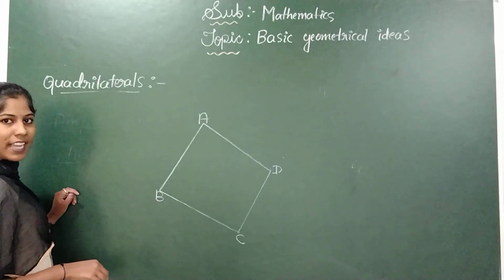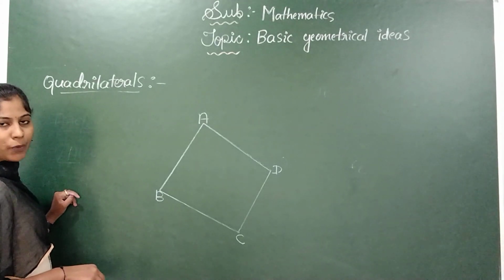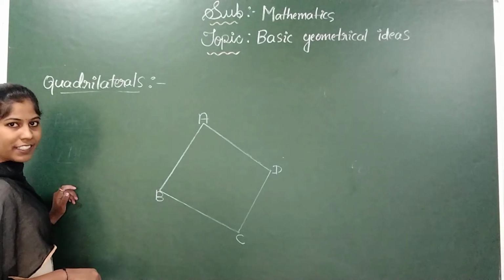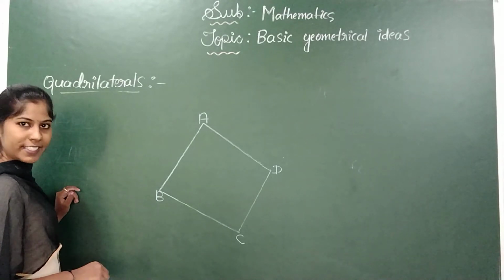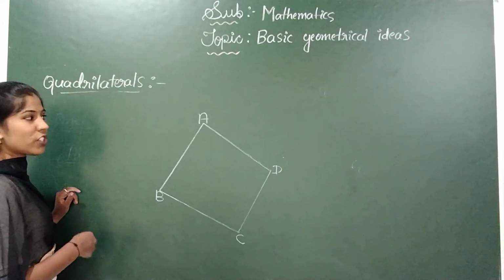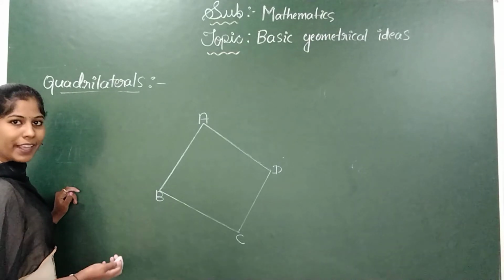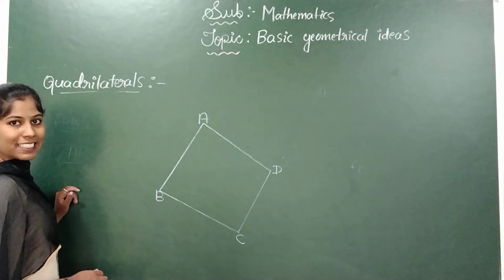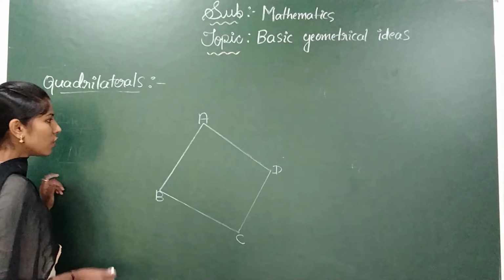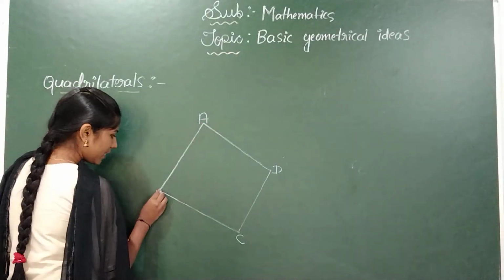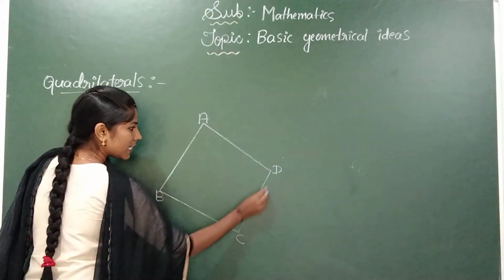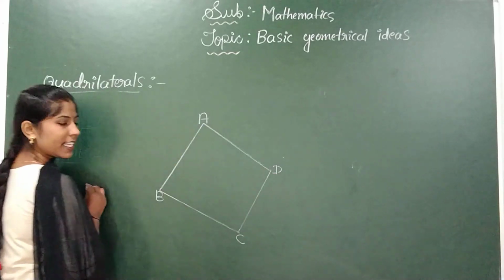Already we know the sides, which we learned in the concept of polygons as well as in the triangle. So which are the line segments? Those line segments that form a polygon are called sides. So what are the sides? AB is a side, BC is a side, CD is a side and DA is a side.